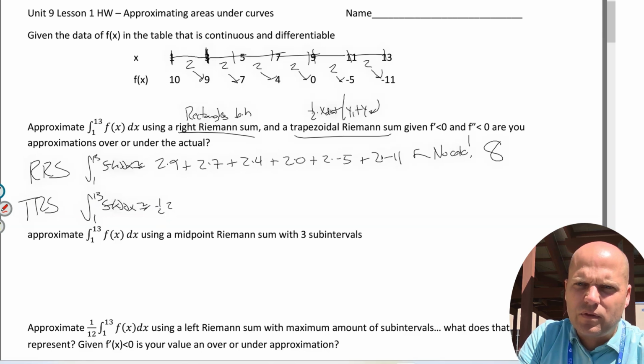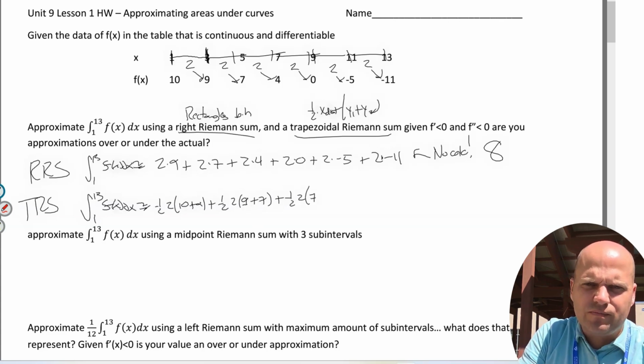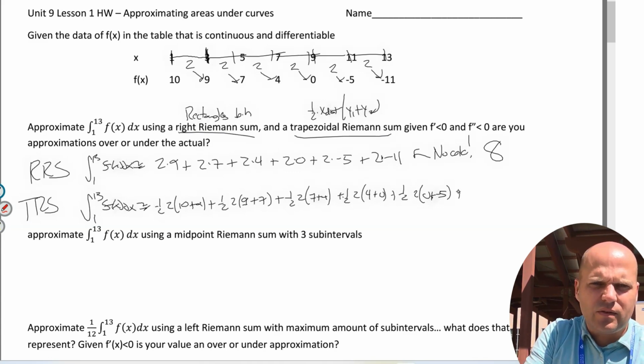So 1/2 times 2 times 10 and 9. 1/2 times 2 times 9 and 7. 1/2 times 2 times 7 and 4. 1/2 times 2 times 4 and 0. 1/2 times 2 times 0 and -5. 1/2 times 2 times -5 and -11.